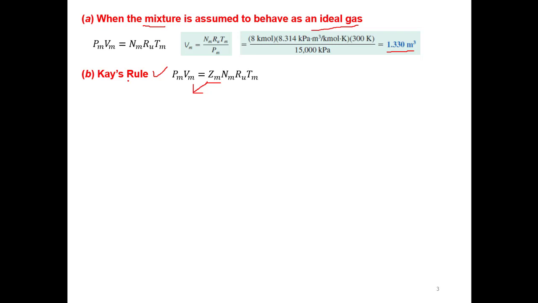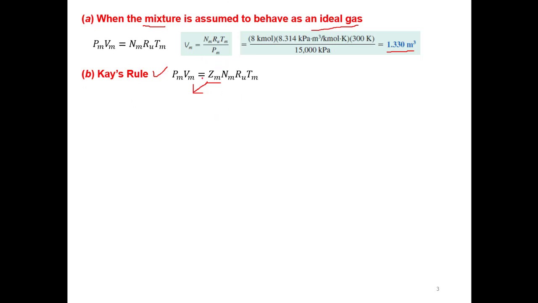If we know the critical temperature of nitrogen, we can divide the given temperature by the critical temperature and get the reduced temperature. Similarly, we can divide the given pressure by the critical pressure of nitrogen and get the reduced pressure. If we know the reduced temperature and the reduced pressure, then we can calculate the compressibility factor.